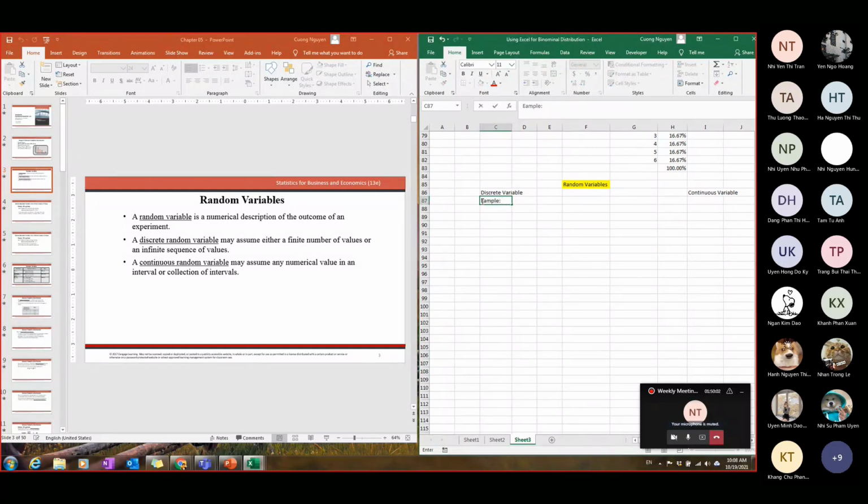For example, I have 5 TVs in stock. That means in my store, in the inventory of my warehouse, I have 5 TVs. And then I sell the TVs.